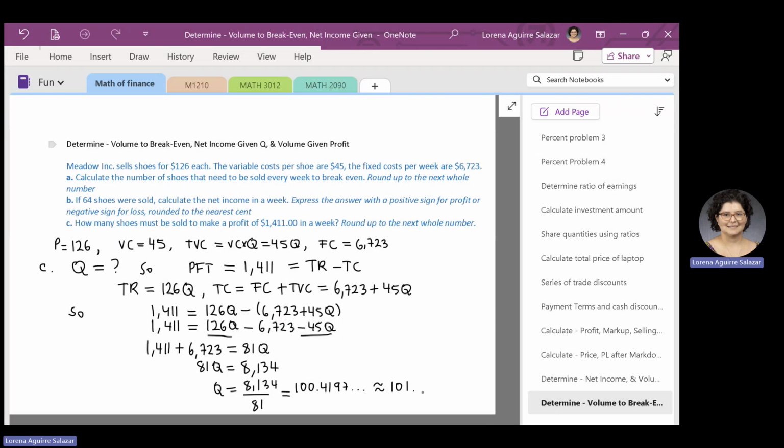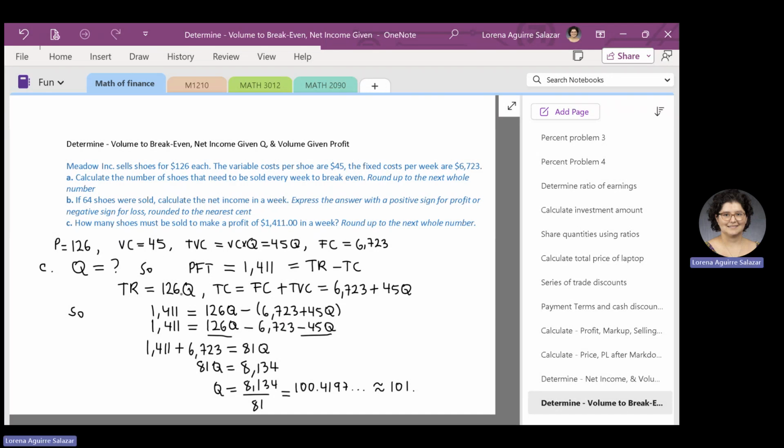So we have been using the same formulas over and over again. The formula for profit is total revenue earned minus total costs incurred in the business. Total revenue is written as price at which items are sold by the number of units sold.